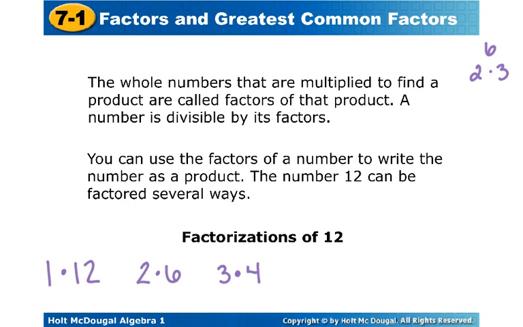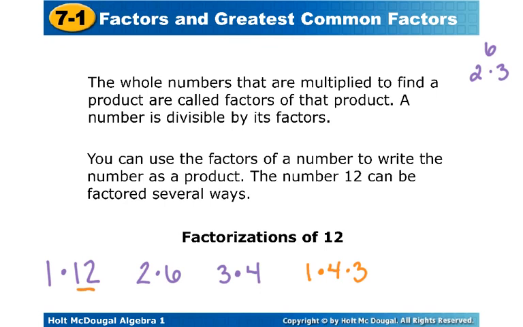Now, when you are doing products, there's other ways of being able to do it too, and that's being able to break down your numbers even further. So if I just think about it with this first one here, I know I can break 12 down further by saying it into another way, which would simply be 1 times 4 times 3. Because if I think about it, I still have the 1 from over there first.